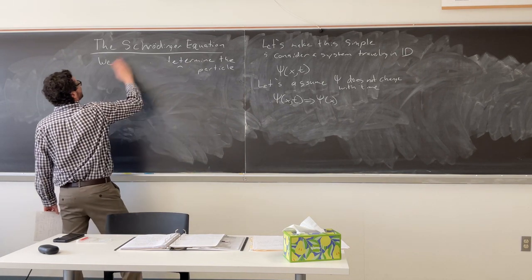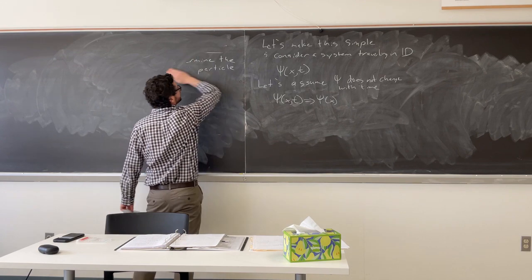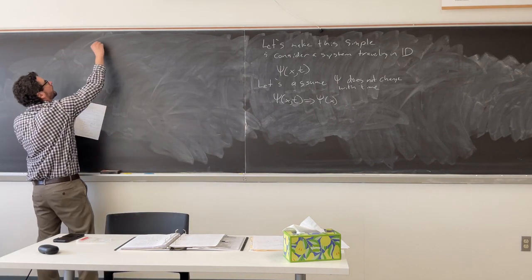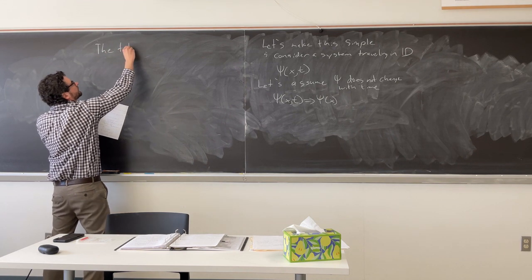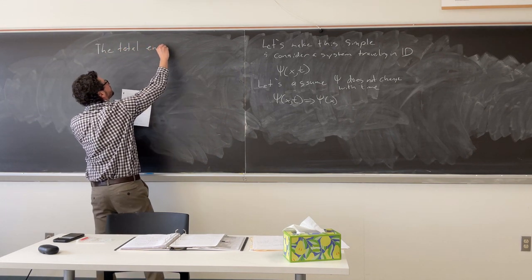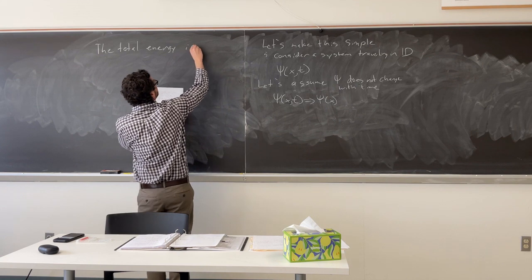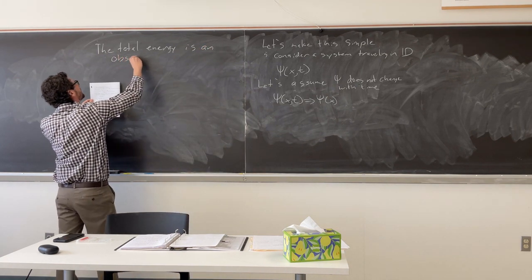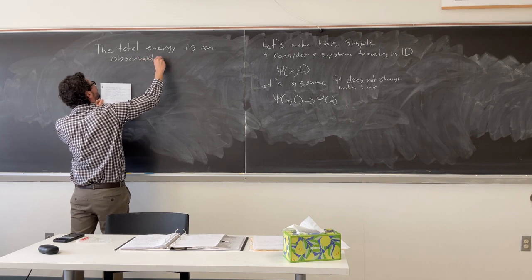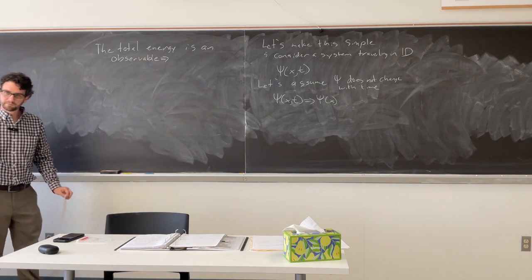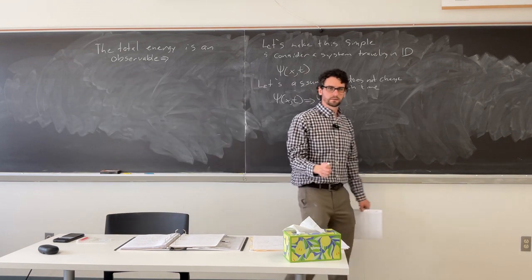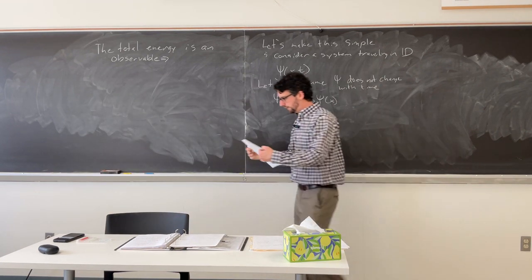We already talked a little bit about total energy. You already told me this, but I just want to write it down. The total energy of a system is an observable. Since it's an observable, what must there be? There has to be an operator.